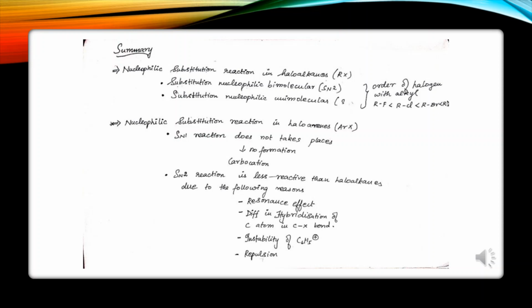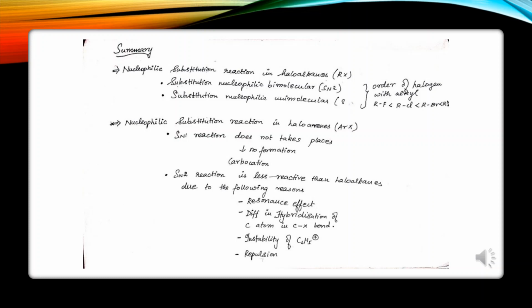The next one is nucleophilic substitution reaction in haloarenes, that is ArX. Here also we have seen two types of reaction, SN1 and SN2. Here SN1 reaction does not take place because there is no formation of carbocation.